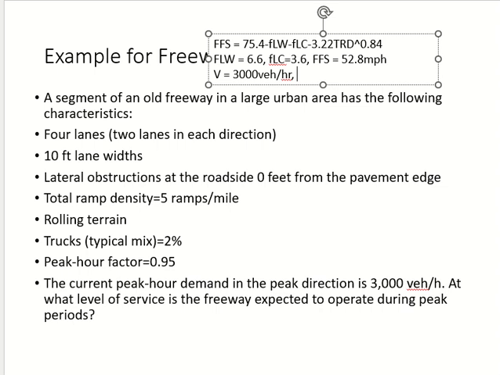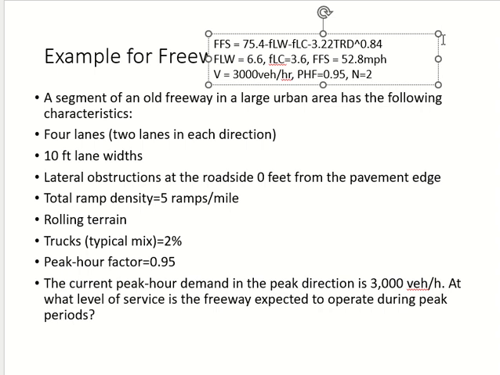Next thing, we need peak hour factor. What's the peak hour factor? 0.95. We need number of lanes. How many? 2. Okay. It's a 4-lane freeway. The volume is given for one direction. Number of lanes, one direction. Okay. Then I need FHV, right? I need FHV.